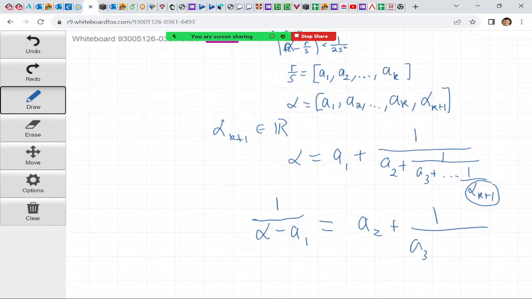How do we prove it works then? I don't know, bro. Let's see. I guess the sign depends on whether R over S is greater than or less than the thing.